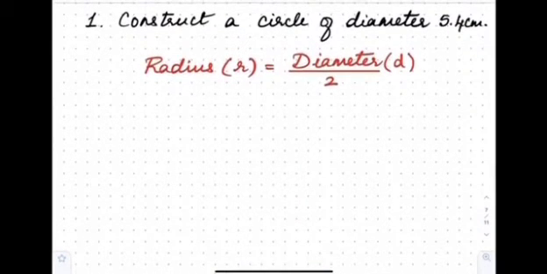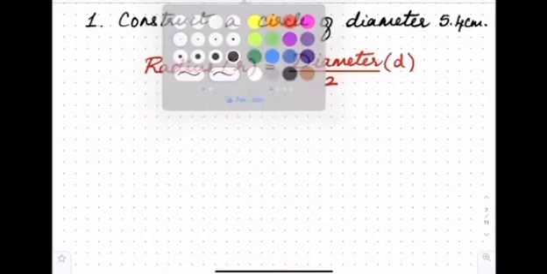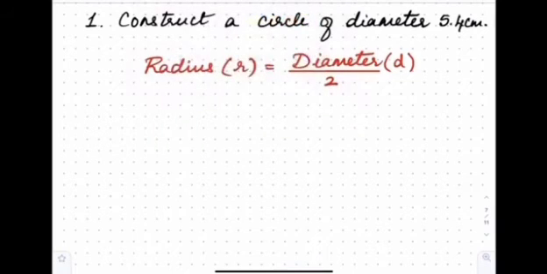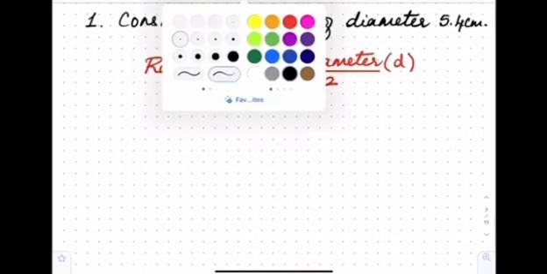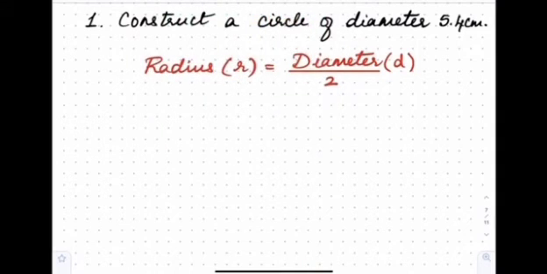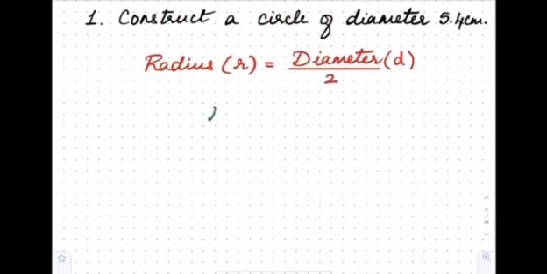Now, here's a problem. Construct a circle of diameter 5.4 centimeters. Now, 5.4 centimeters is the diameter, not the radius. We need radius to construct the circle. Okay, we need to find R. R is equal to diameter, 5.4 centimeters, divided by 2.